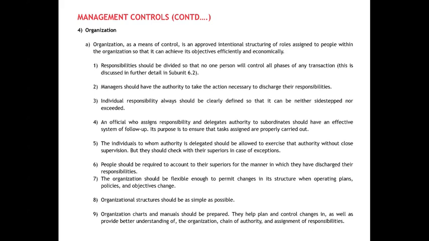Then you have to ensure that the organization has SOPs and manuals, right? And whether those manuals clearly document the activities, the approvals required, the documentation aspects very clearly. If you have manuals only, you can standardize the process, right?